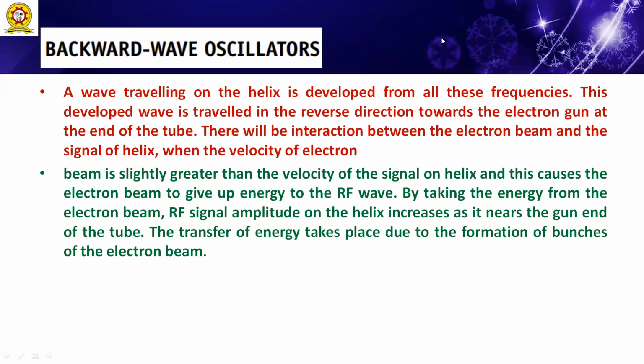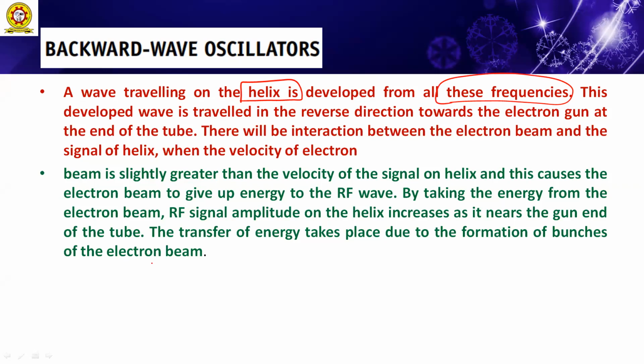Another significance of this backward wave oscillator, as I mentioned, is the waves traveling through this helix. The helix is a very important component in both the traveling wave tube and the backward wave oscillator. I think everybody has good knowledge of the prototype fabrication of the helix. These helices are designed for good frequencies.